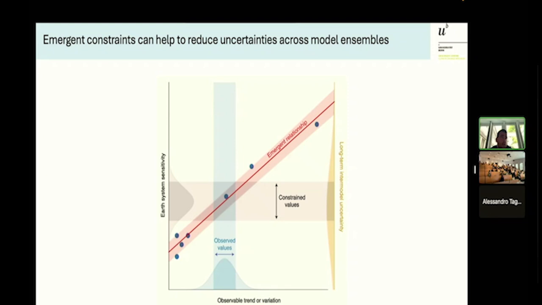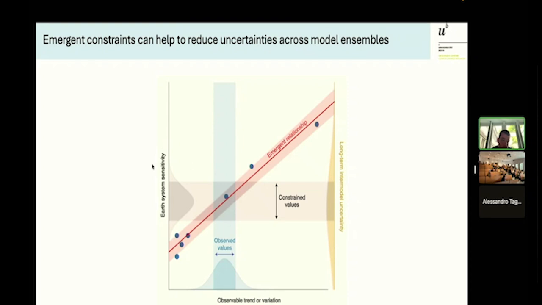So the models, for a lot of different reasons, might have very different sea surface densities, but for a given density, each model would give us the same amount of mode and deep water formation and the same amount of carbon uptake. So we say we have an observable variable on this x-axis, in this case the Southern Ocean sea surface density, and a quantity that we want to constrain and know better.